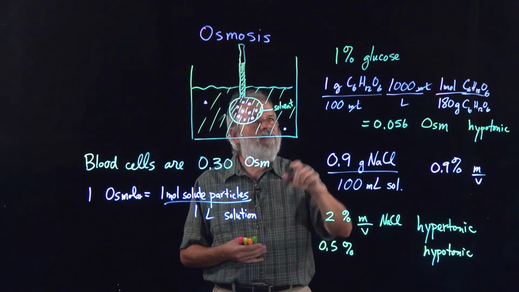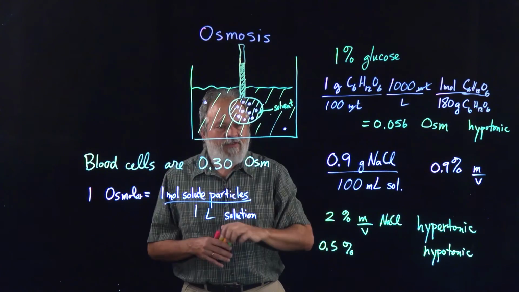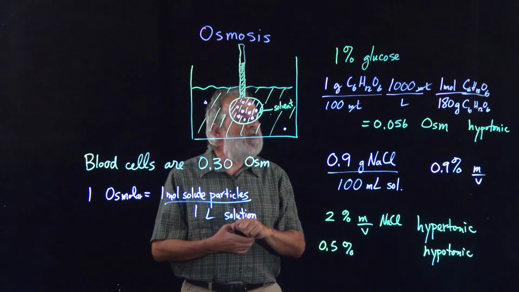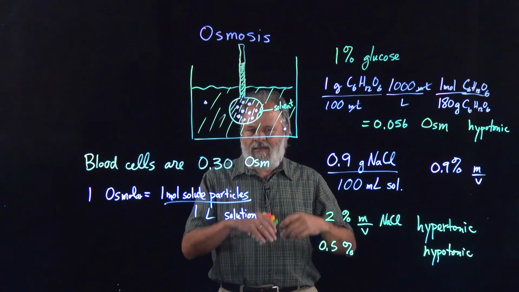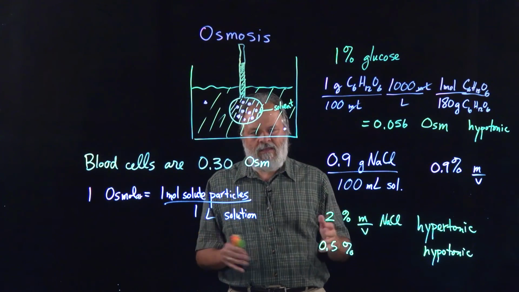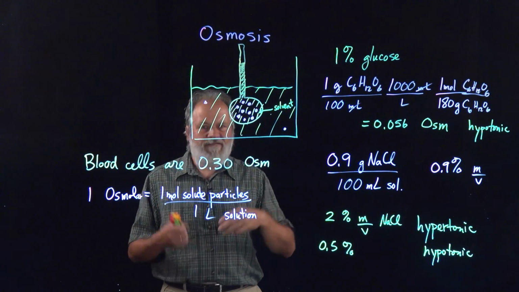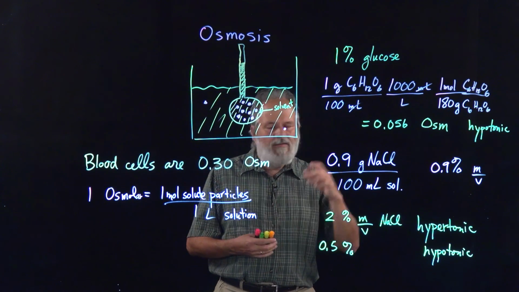With 5% glucose, this number will be 5 times higher, and it'll be very close to 0.3 osmolar. And so what that means is the isotonic solution for salt will be 0.9%, and for glucose, it'll be 5% mass to volume.